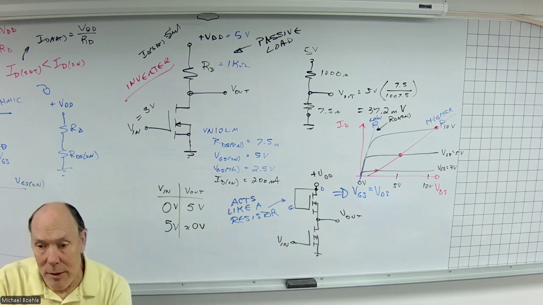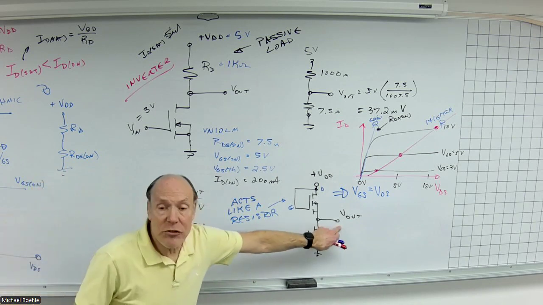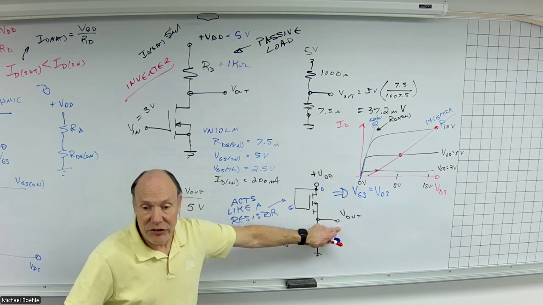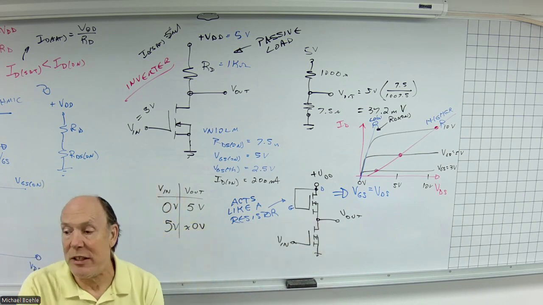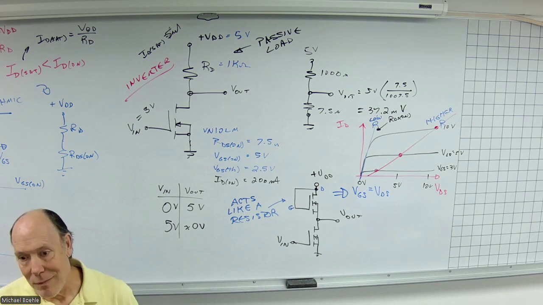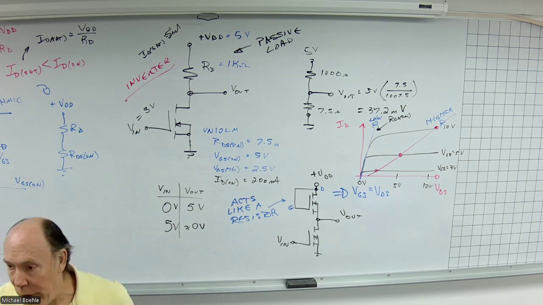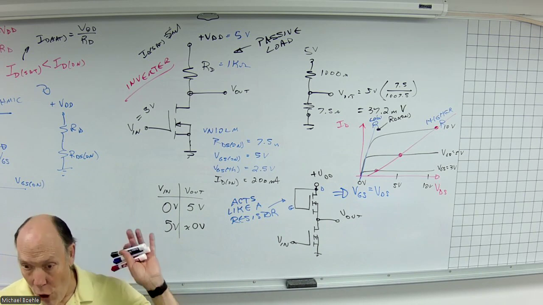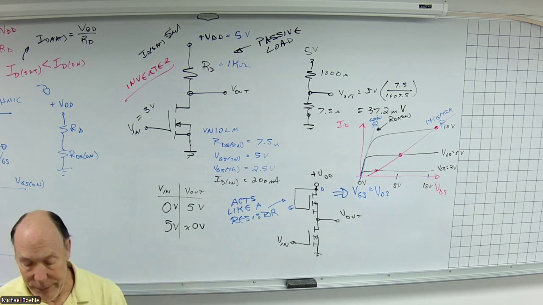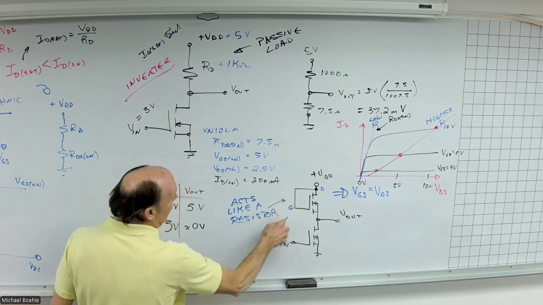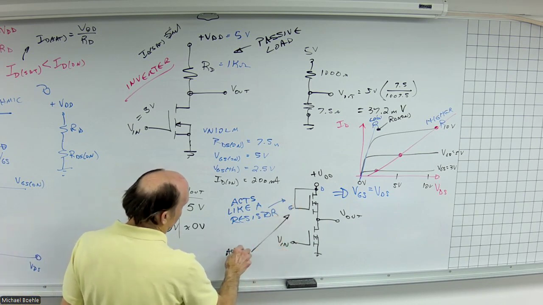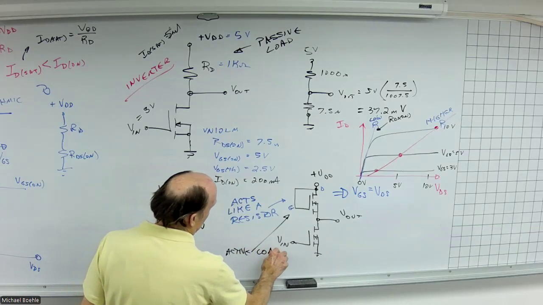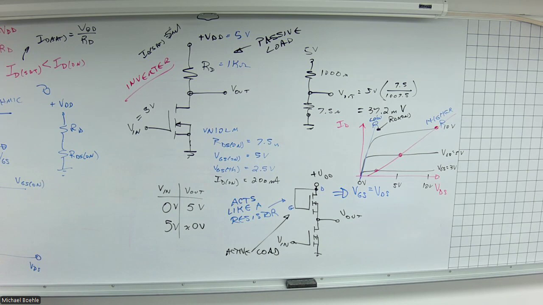And all I need to make this work is that the low voltage coming out here is less than the gate source threshold voltage, so it does not turn on or activate another input. Still get that on and off, that digital result. So this device here is called an active load. Because it is still an active device, but I just have it configured to act like a resistor.